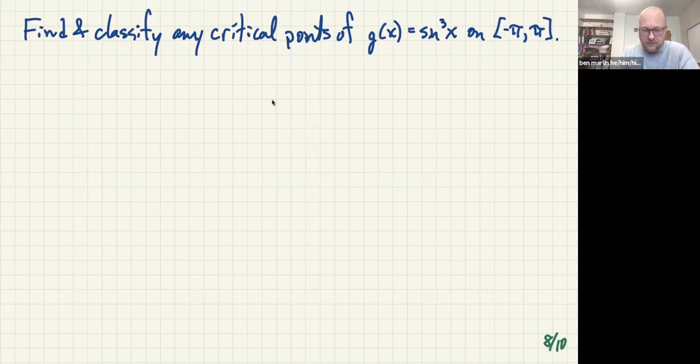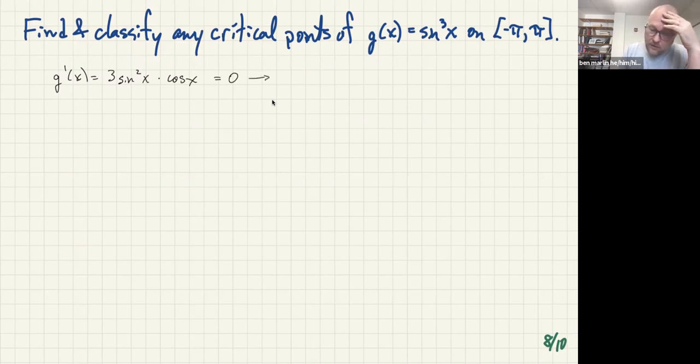Okay, find and classify critical points. So we're going to do g prime of x. And since it's sine cubed, the power rule is on the outside, we'll have 3 times the square of the sine. And then inside that, the derivative of the sine is cosine x. Now we set that equal to 0, and that means we'll have to set each of sine and cosine equal to 0 and solve.